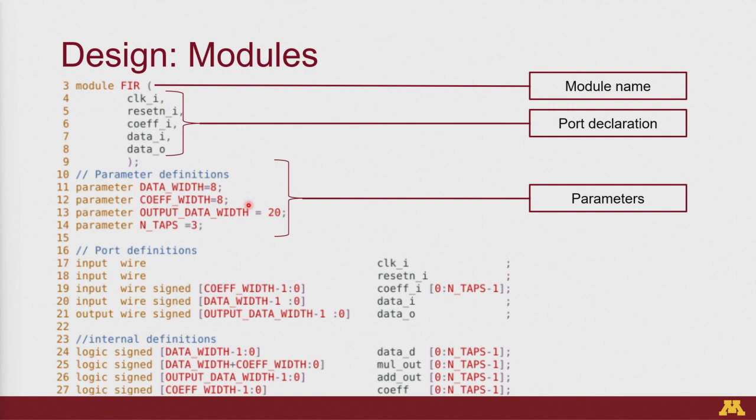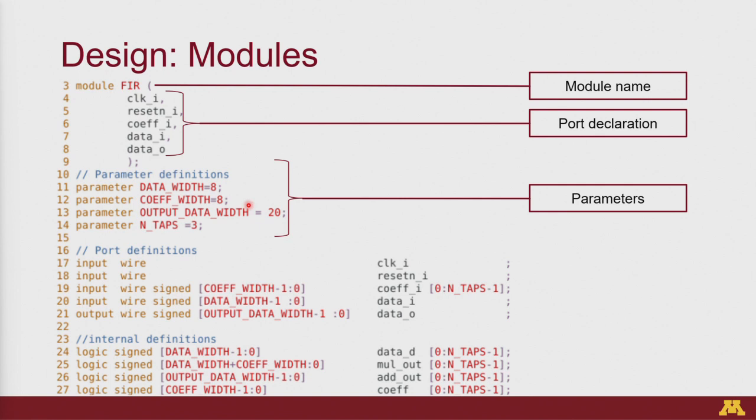So what's the usefulness of parameters? Well, it allows you to create multiple such blocks with slightly different configurations. Let's say in this case you are using a 3-tap filter, and you need to use both a 3-tap filter and a 5-tap filter in your design. Does that mean you rewrite your code just to change one line from 3 to 5?